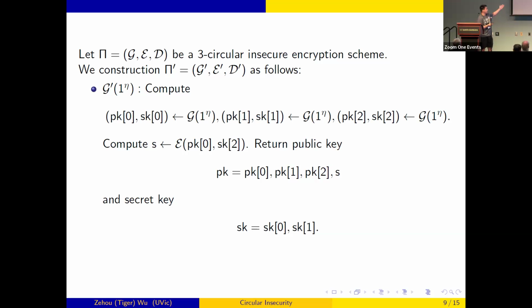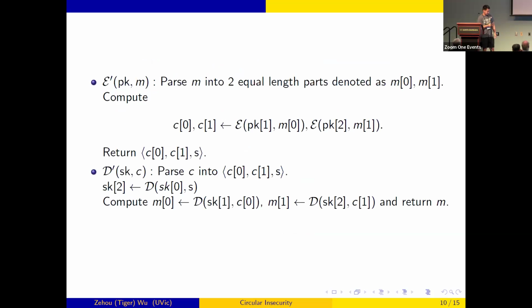Then we create a ciphertext S, where S is PK0 encrypting SK2. The public key of pi prime is PK0, PK1, PK2, and S, and the secret key of pi prime is SK0, SK1.